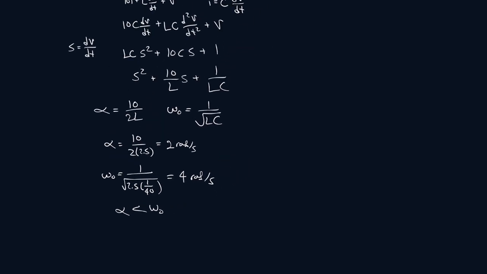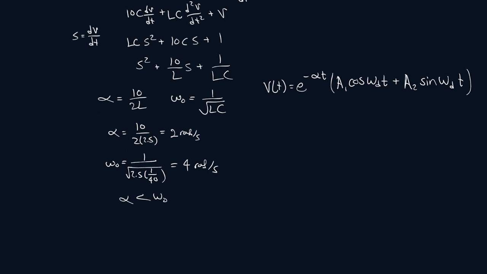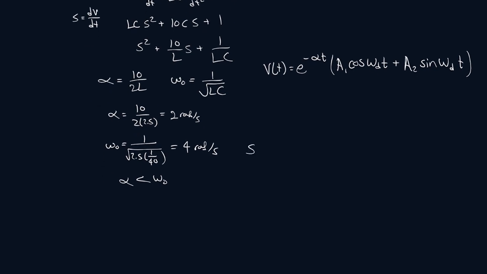And to find the voltage at the capacitor, we're going to be using the following formula. We need to find WD. So to find WD, we're going to use this formula.